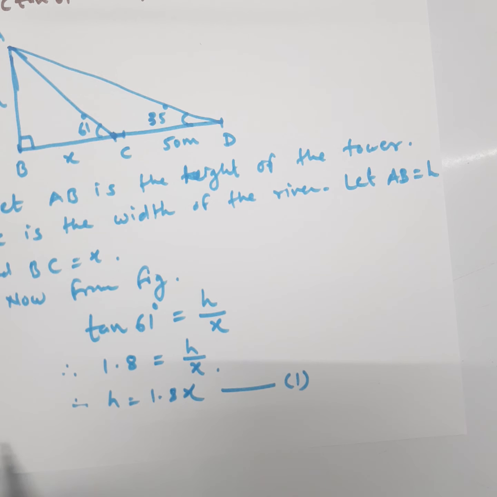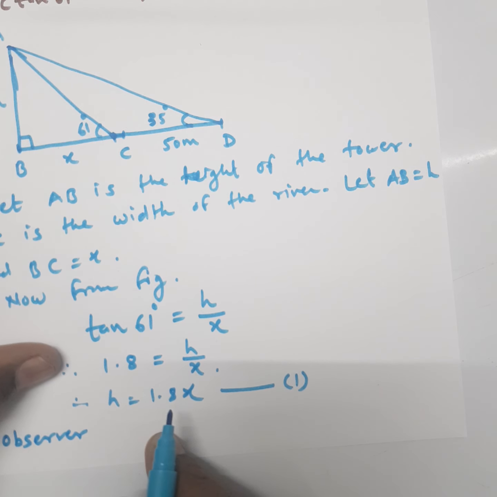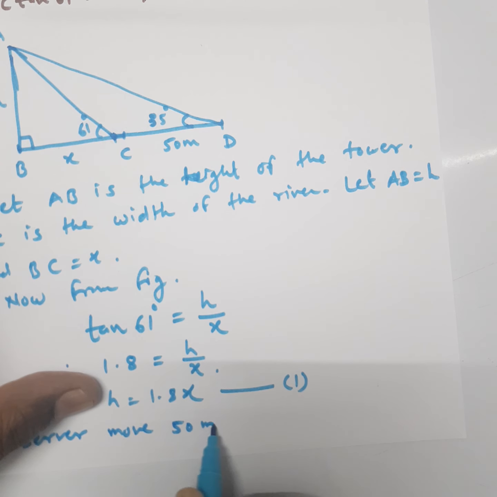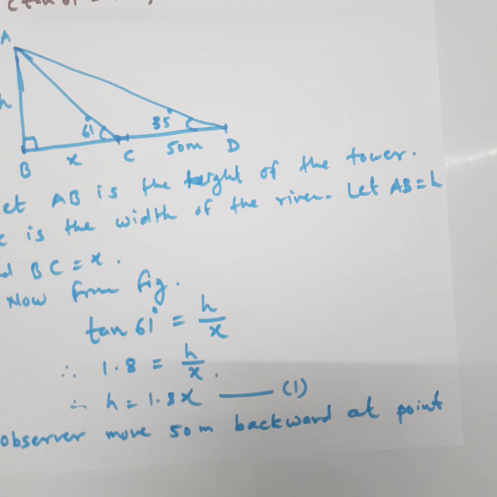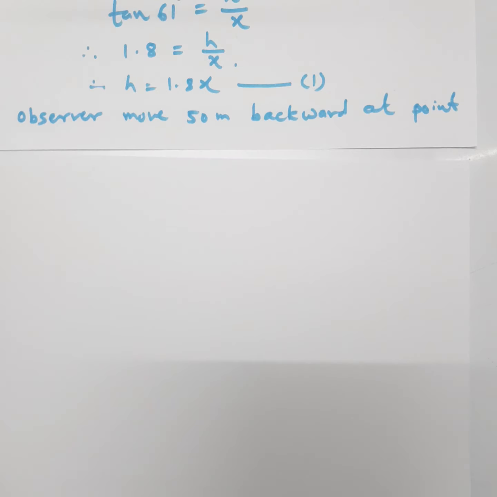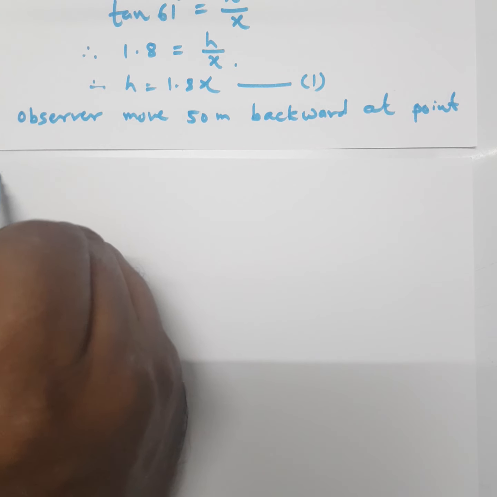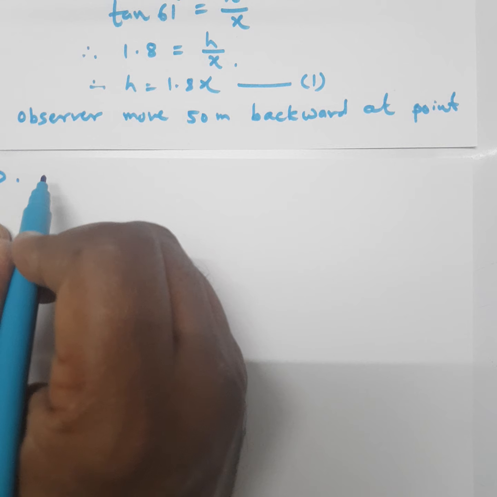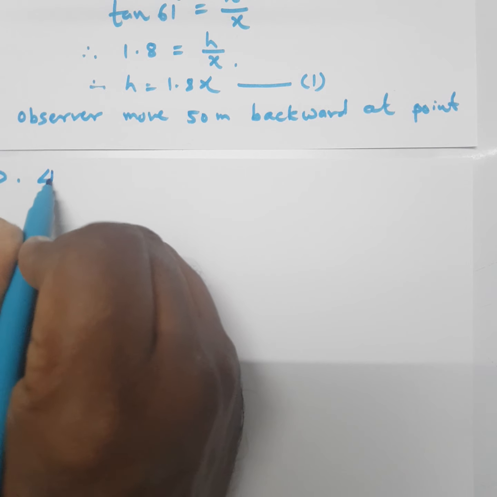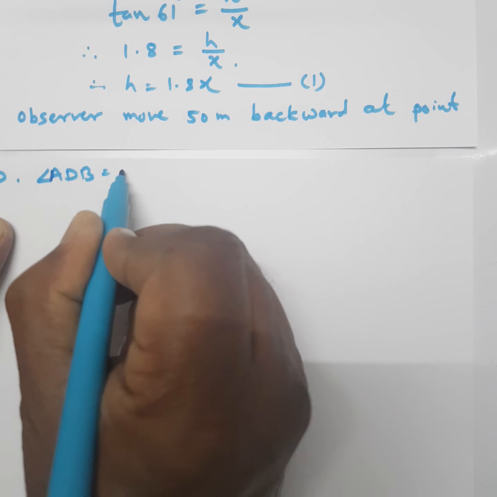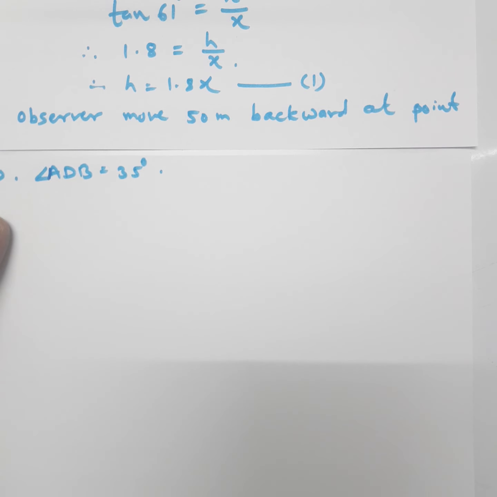Now the observer moves 50 meter backward to point D. Angle ADB is equal to 35 degree.